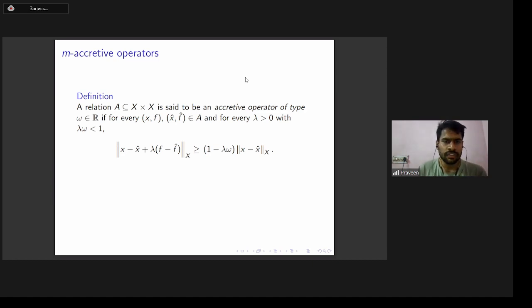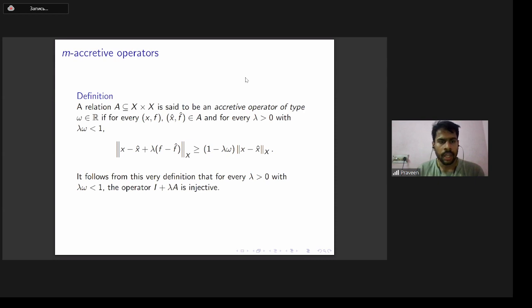So basically, if we want to imagine that operator on the real line, it is just a monotone, or non-decreasing, graph. We can also imagine an accretive operator on R squared.